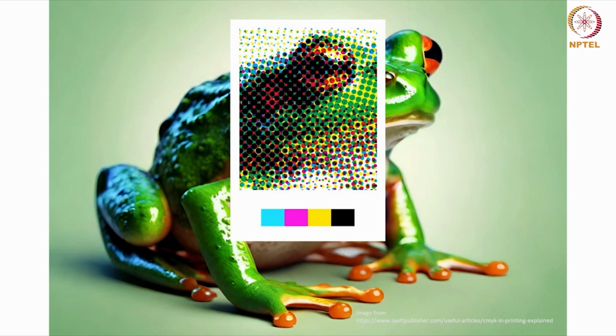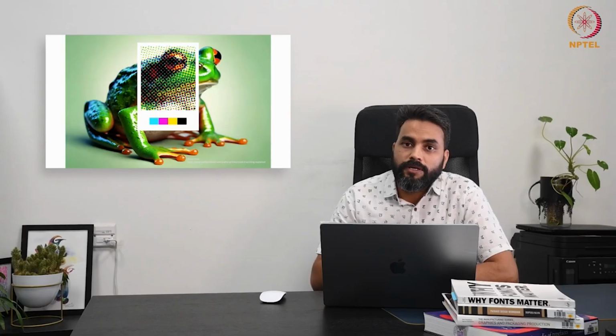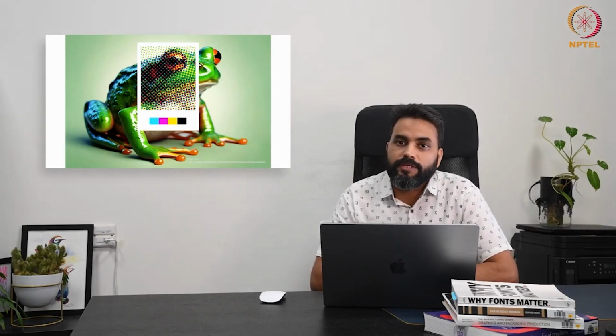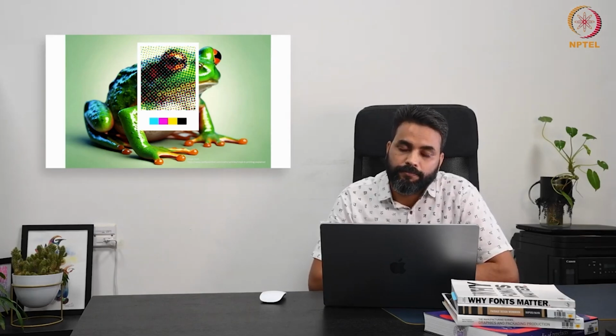These dots overlap and mix to produce a wide range of colors, much more than just the primary ones. The density and overlap of the dots, for example, when it is coming on the paper, determines the color intensity. Smaller, spaced out dots create lighter shades, while larger, closely packed dots create darker areas.